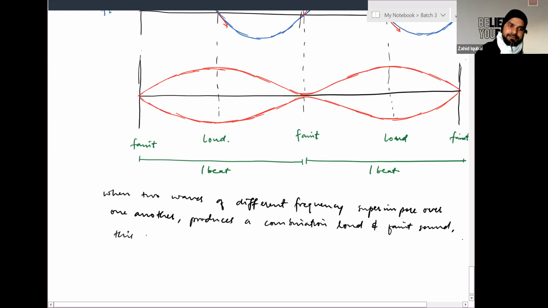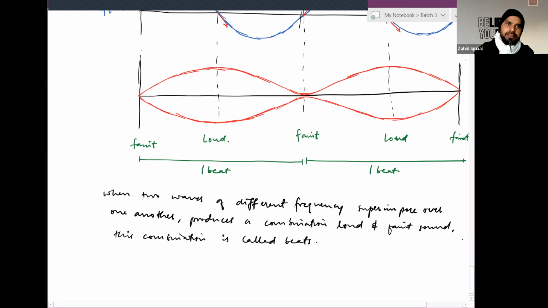This combination is called beats, and the number of beats produced by them per unit time is called its beat frequency.